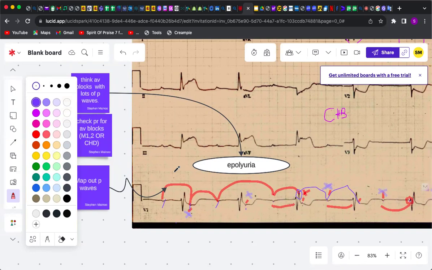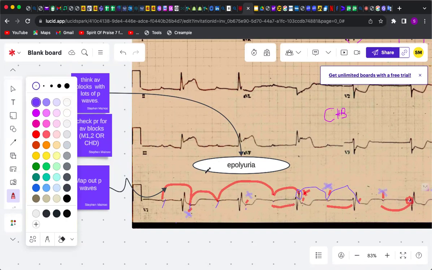So let's quickly just go through what the blocks are. So we know that in first degree AV block, there's delay of conduction of the electrical impulse at the level of the AV node, which is causing the prolongation of the PR interval, right?